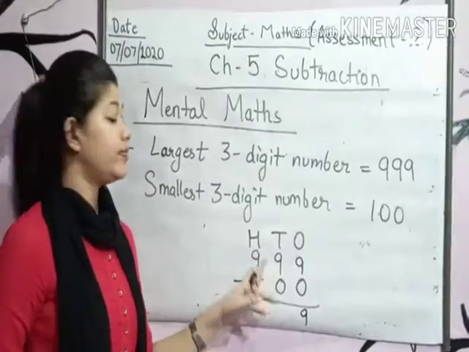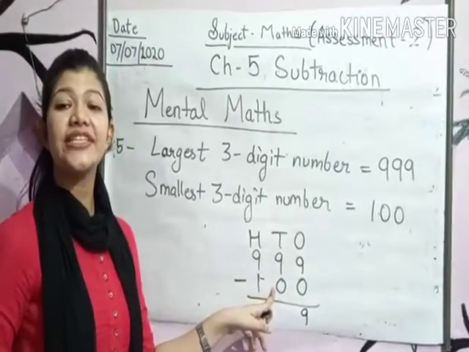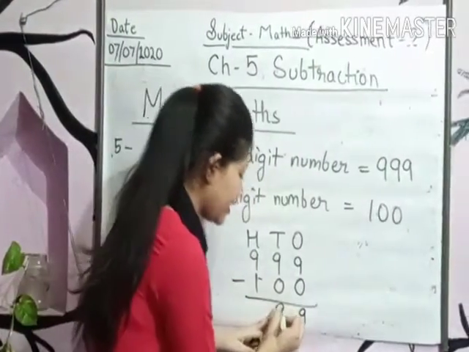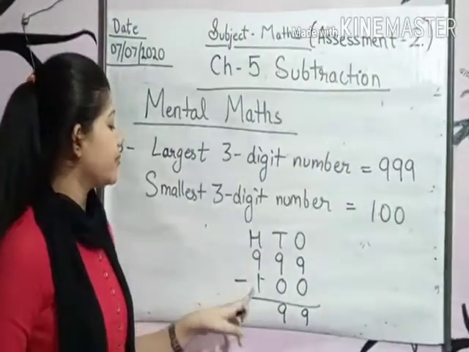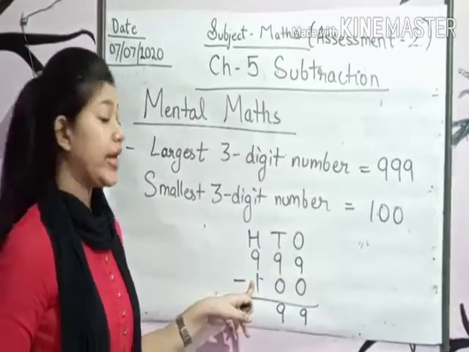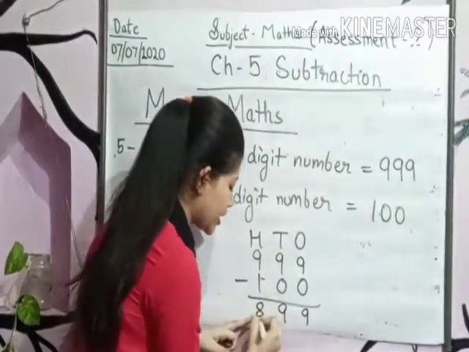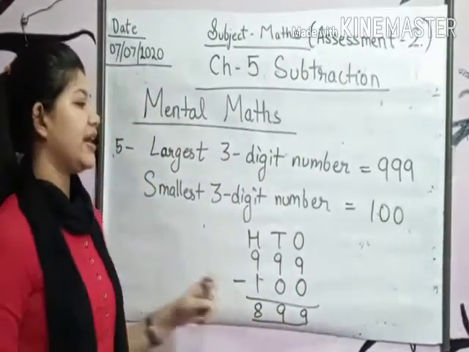Let's come to the tens column. 9 minus 0 is equal to 9. Again 9. Now let's come to the hundreds column. 9 minus 1 is equal to 8. So what we got as an answer? 899.